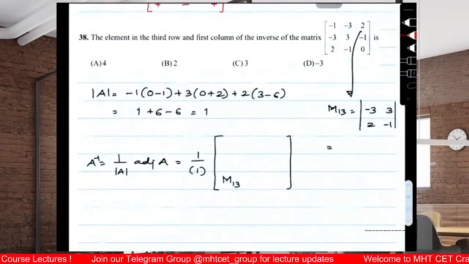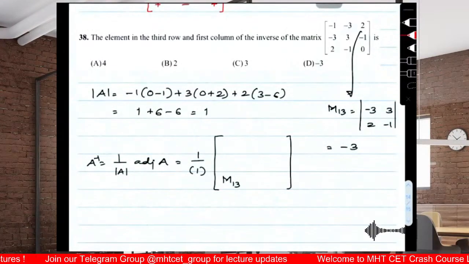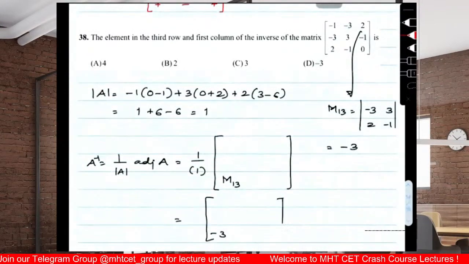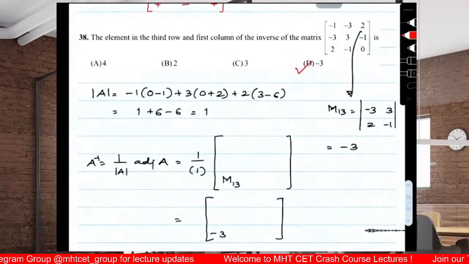What is that? 3 minus 6, that is -3. So this element should be -3. That is option D. Is this clear?